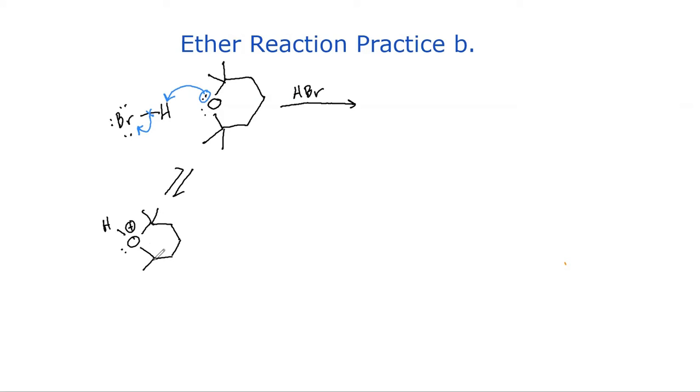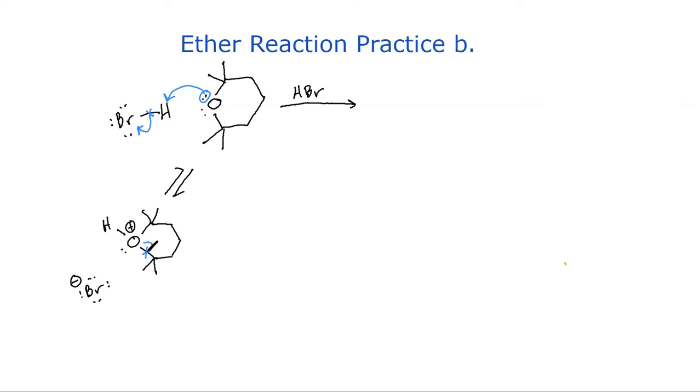Remember when we converted alcohols to alkyl halides, that we needed to make the oxygen a good leaving group. Remember also that we say no O- in acid. We're in acid, and so when we have one of these oxygen carbon bonds break, it doesn't matter which one because of the symmetry, we'll just take this one because it's easier to get to.